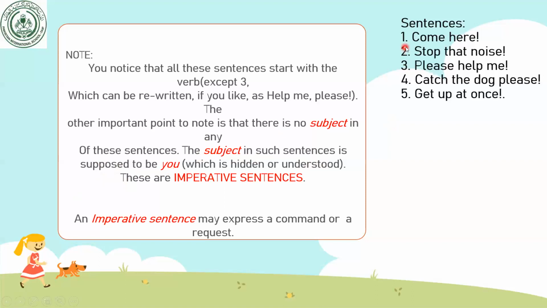Like: you come here, you stop that noise, you help me please, you catch the dog please, you get up at once. So if there is no subject, we will consider that you is the subject.